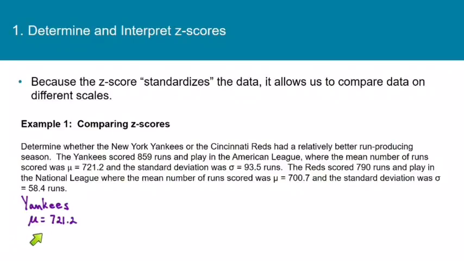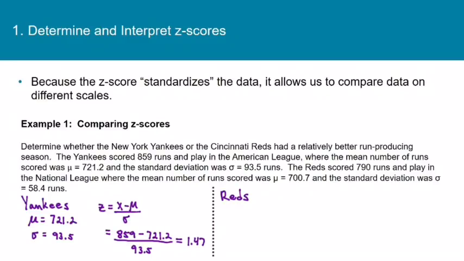The American League, where the Yankees play, had a mean of 721.2 and a standard deviation of 93.5. If we plug 859 into our z-score formula, we'll have 859 minus 721.2 all divided by 93.5, and that's going to come out 1.47.